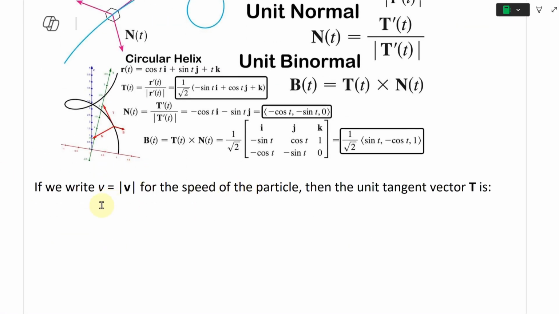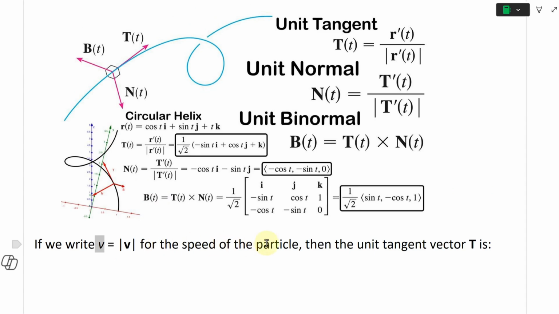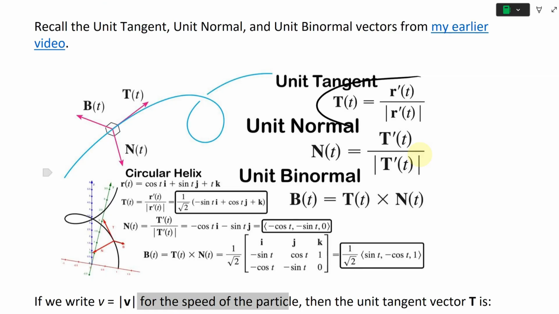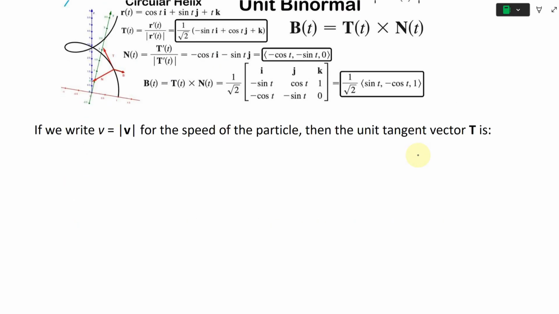All right, so if we write v in italics equals the magnitude of the velocity, we're going to denote this as the speed of the particle, as I've done in my earlier examples above. Then the unit tangent vector T of t equals the derivative of the position vector divided by its magnitude.